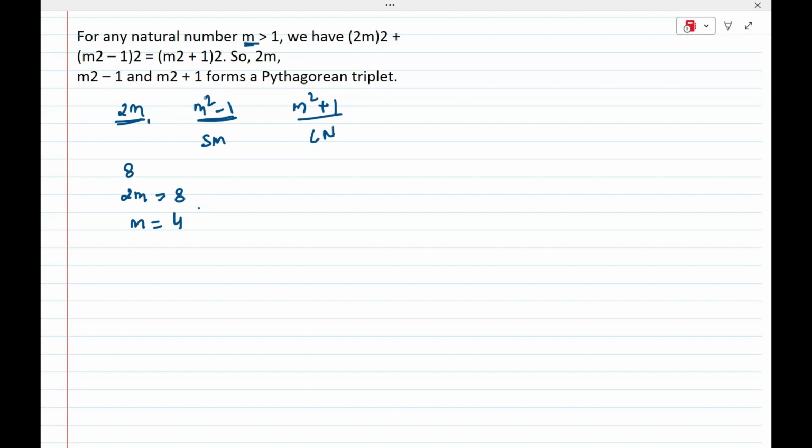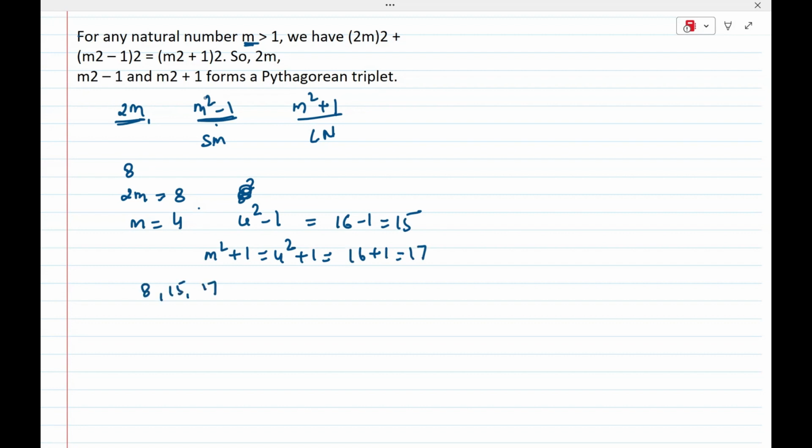Substituting the value for the second member, m square minus 1, m is 4, so 4 square is 16, minus 1 means 15. The next member is m square plus 1, which means 4 square plus 1, so 16 plus 1 is 17. So the Pythagoras triplet is 8, 15 and 17.